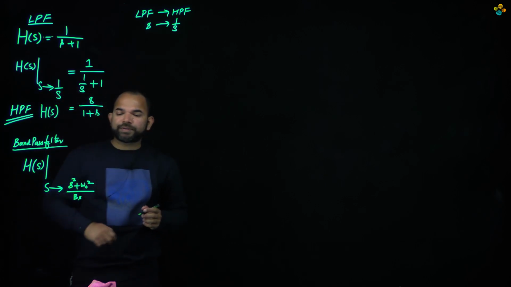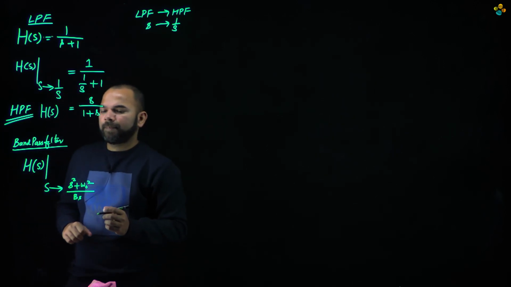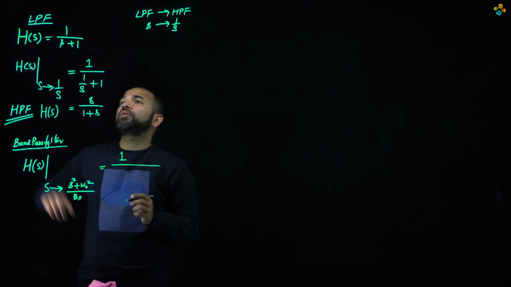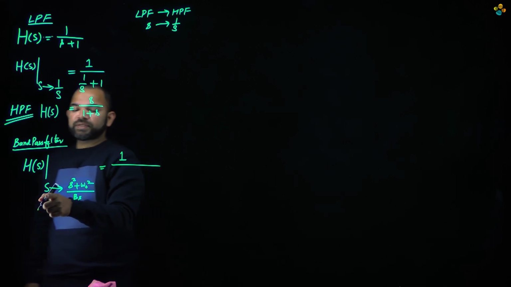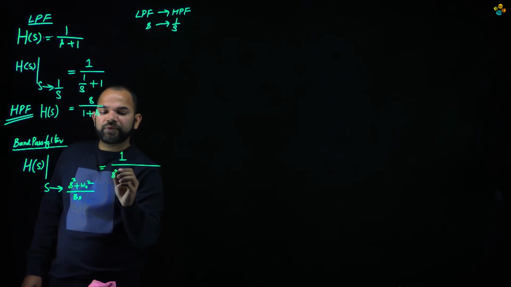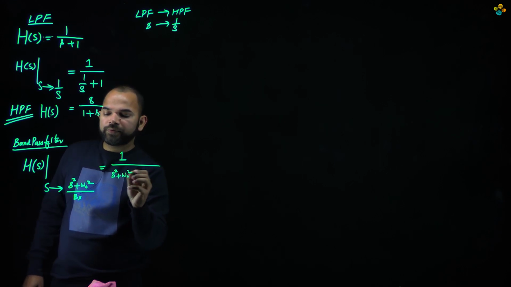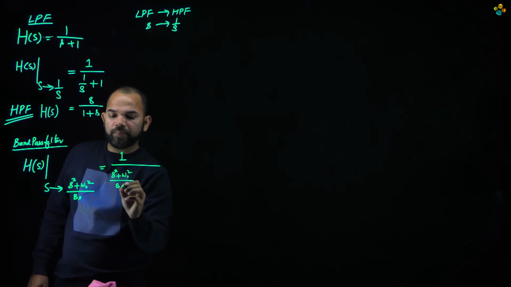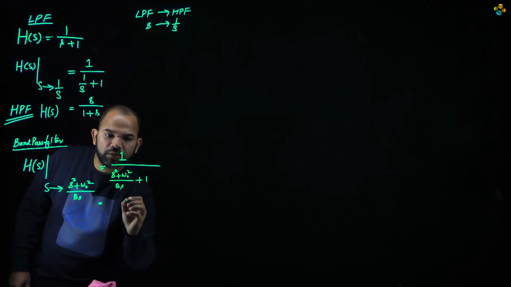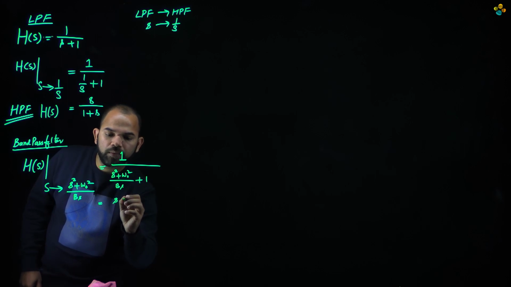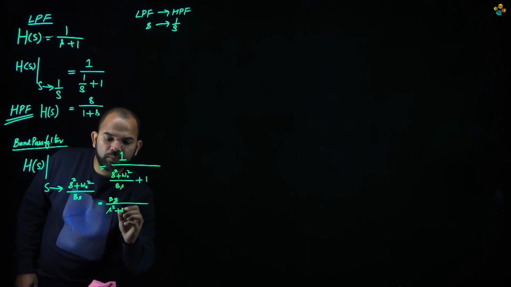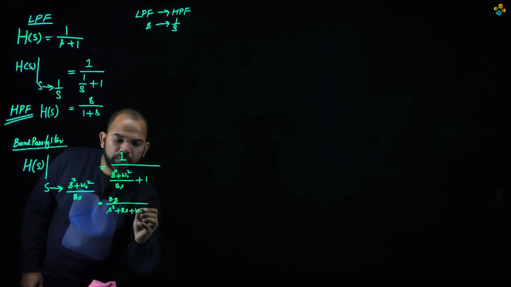We'll define what omega naught square and B are. So what are we going to change in our low pass response? Now we are replacing S with a new quantity. So S is going to be replaced with S square plus omega naught square divided by BS. This will result in BS divided by S square plus BS plus omega naught square.